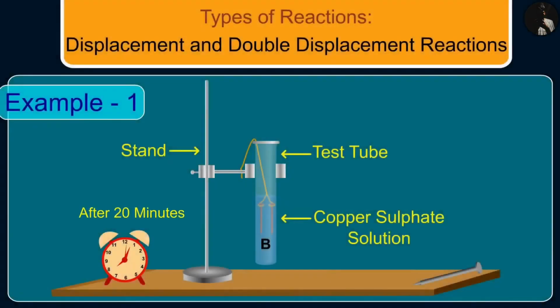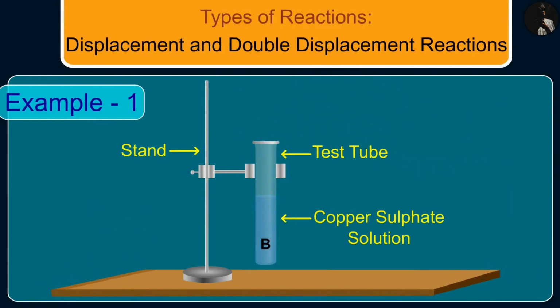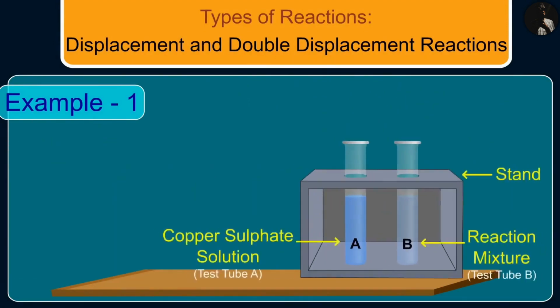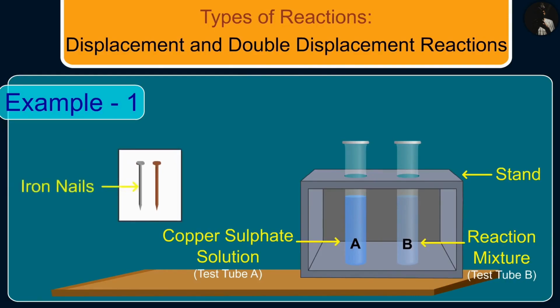After 20 minutes, take out the iron nails from the copper sulfate solution. Now, we will compare the intensity of the blue color of copper sulfate solutions in test tubes A and B, and the color of iron nails dipped in the copper sulfate solution with the one kept aside.